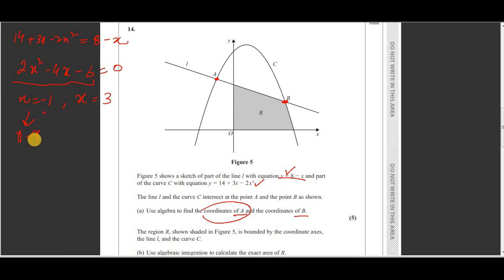So minus 1 and 9 is the coordinate of A. And if you put x equal to 3, y is equal to 8 minus 3, which is 5. So the coordinates of A are minus 1 comma 9 and B is 3 comma 5. These are the coordinates.